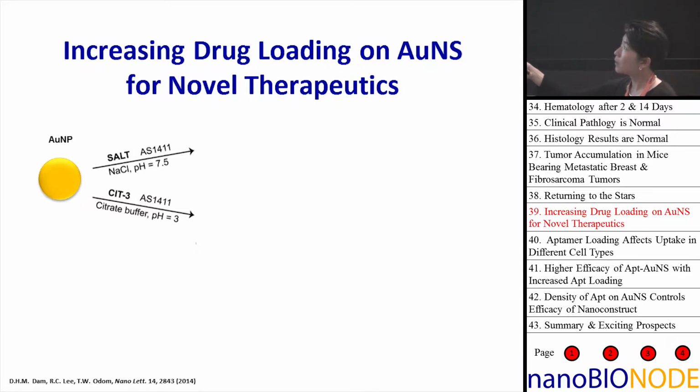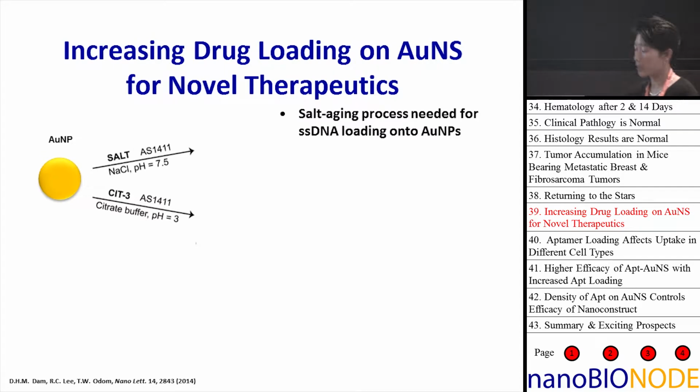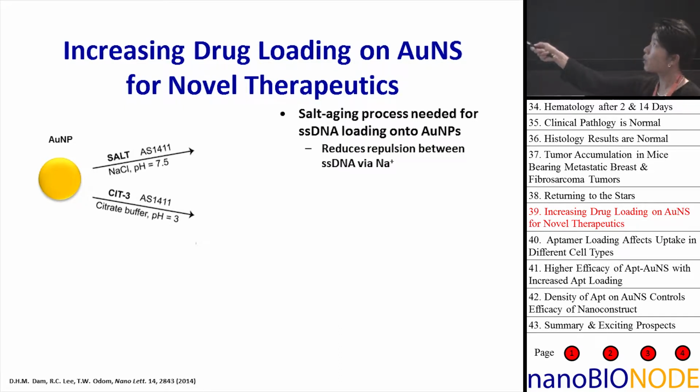This whole aging process to load single-stranded DNA takes a long time, but it's necessary because you want to reduce the repulsion between single-stranded DNA. Single-stranded DNA is negatively charged, so reducing the negative repulsion between the DNA as well as what's on the particle surface is really important. By adding sodium chloride, this does it.